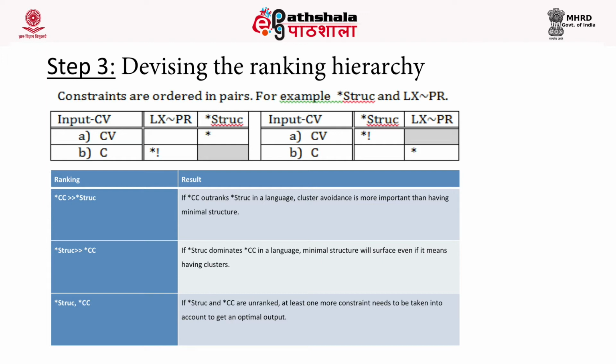But if NO STRUCTURE dominates NO CONSONANT CLUSTER, then the minimal structure will surface even if it means having clusters, like a CCV would also surface even if it means having clusters. Now if both of them are unranked, then at least one more constraint needs to be taken into account to decide the optimal candidate.